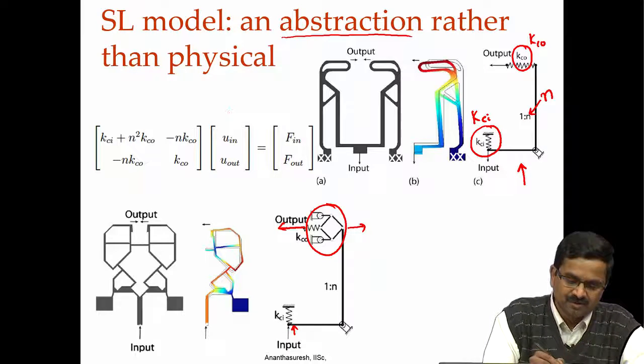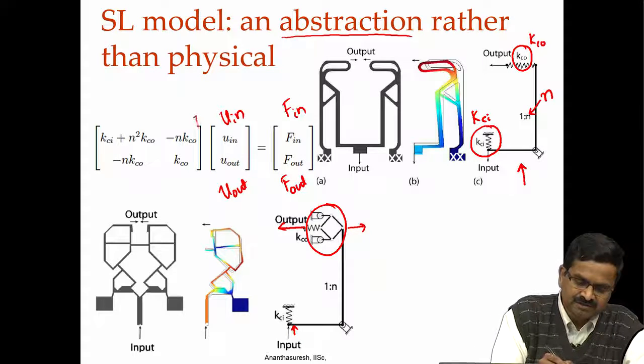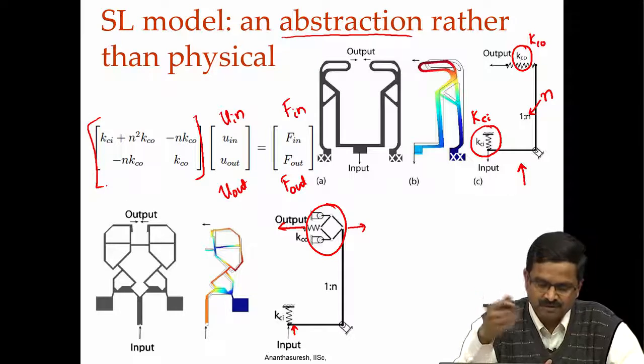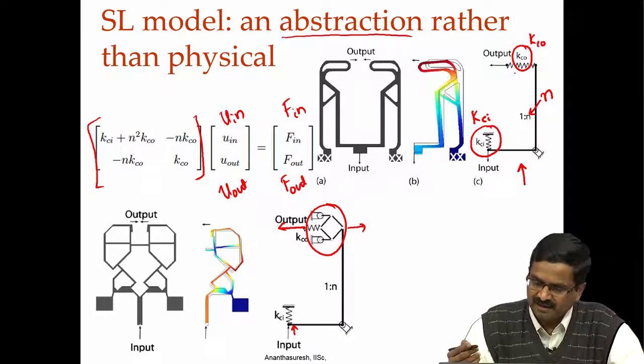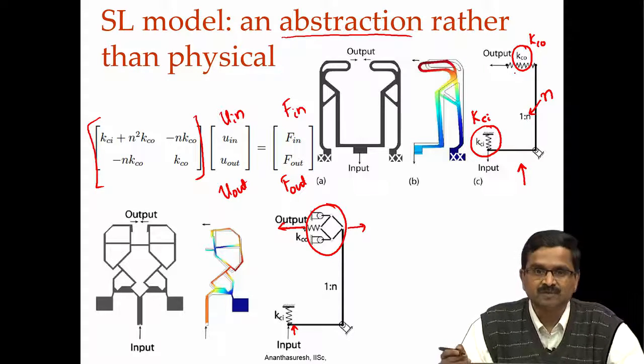Here we have U in, this is the first one, and then we have U out, and there are forces F in and F out, and we have this 2 by 2 matrix that connects the displacements and forces. It is like a lumped model, but with 2 degrees of freedom, which separates out input and output in a way that output displacement is not n times input displacement.